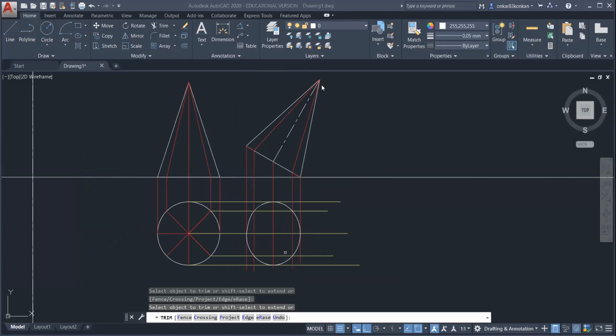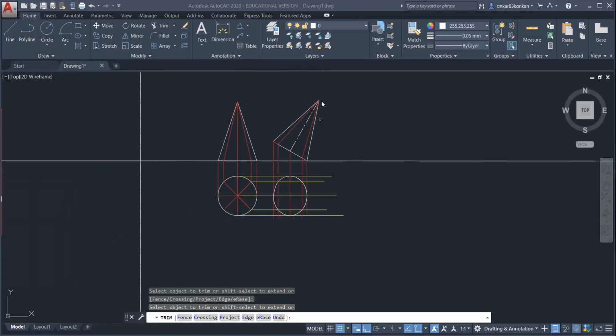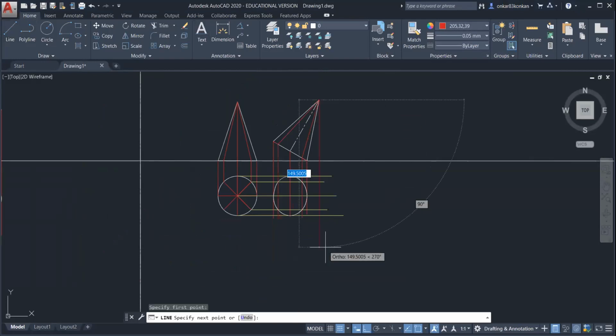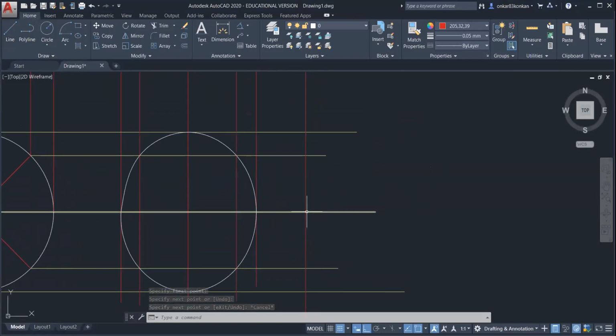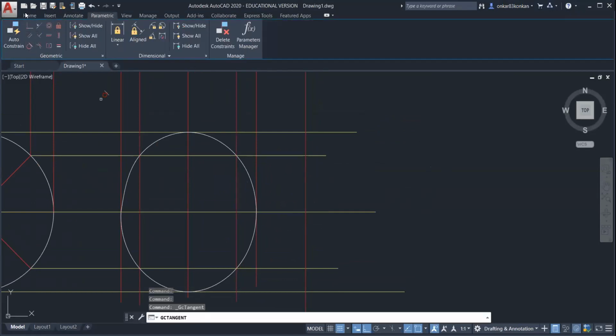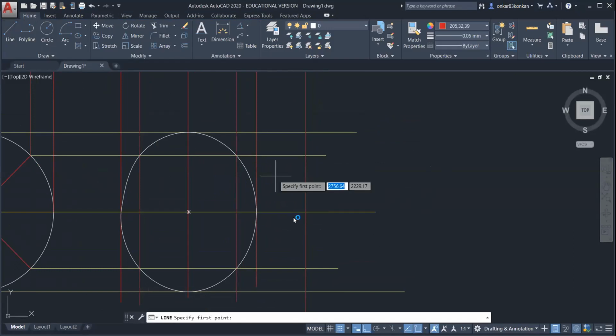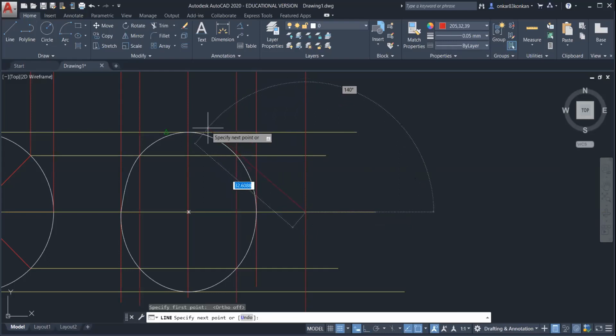Before that, draw the projector from this apex and find out its intersection. Now from this point, you have to draw the tangent line like this.